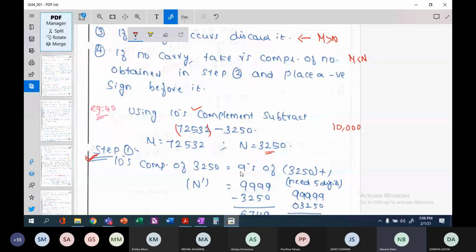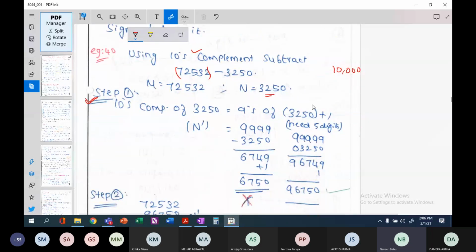So let us take the 9's complement and then add 1 to it. The 9's complement of 3250: just keep subtracting from 9999. You will get 6749, add 1 to it. 6750 is the 10's complement of 3250. Now, if you want, you can also use 5 digits, it doesn't matter. Then you will be subtracting 3250 from 99999.